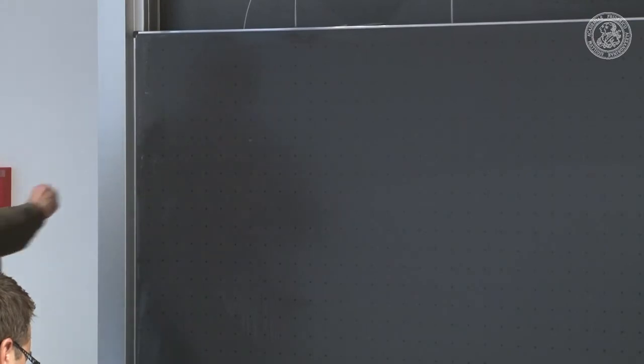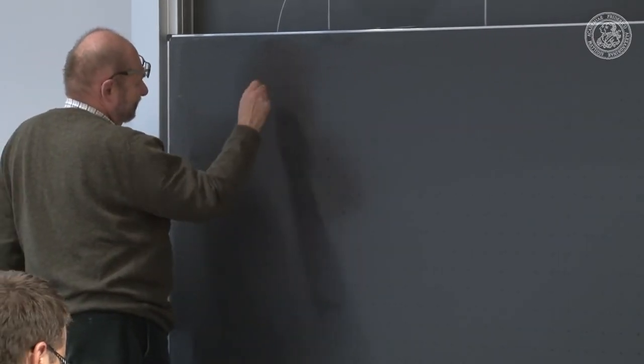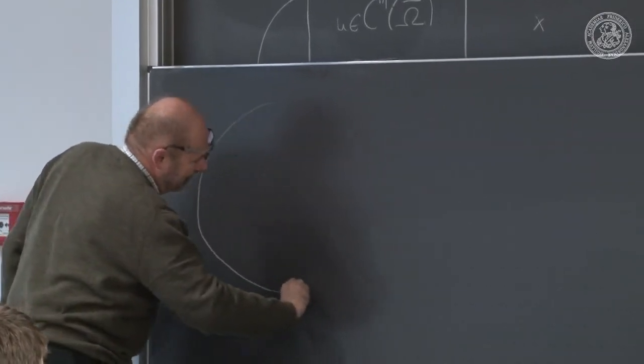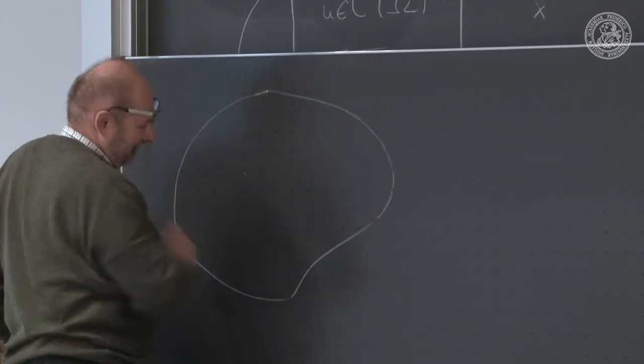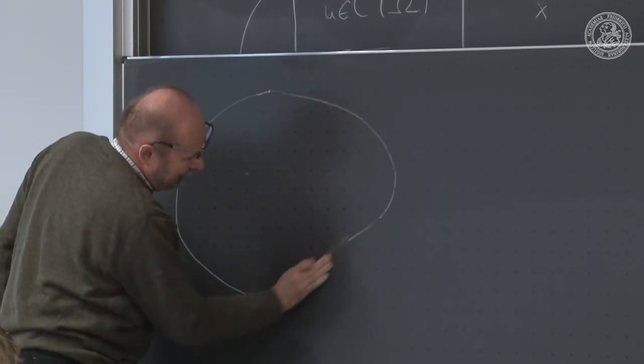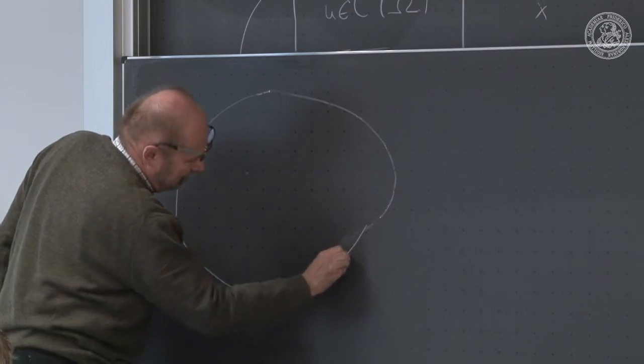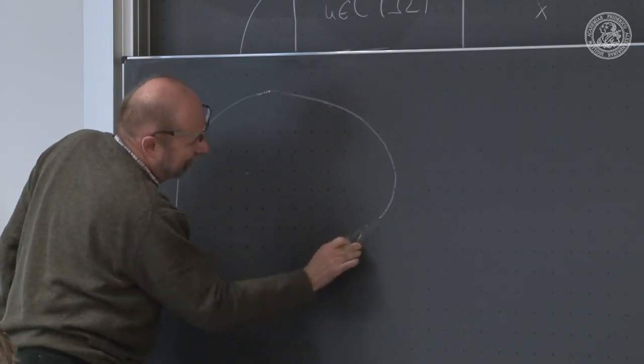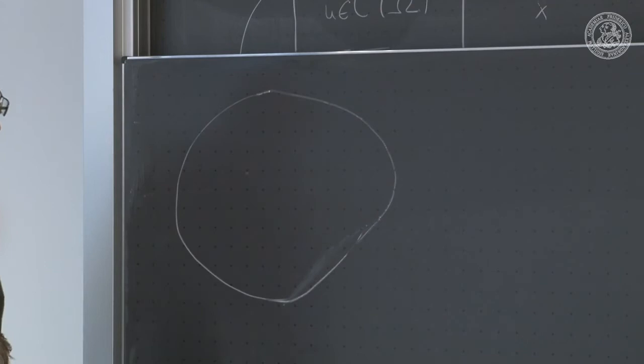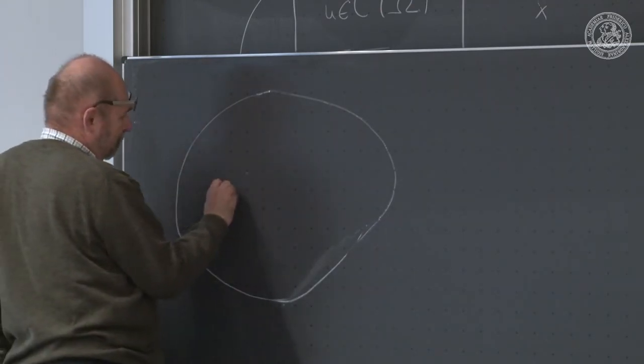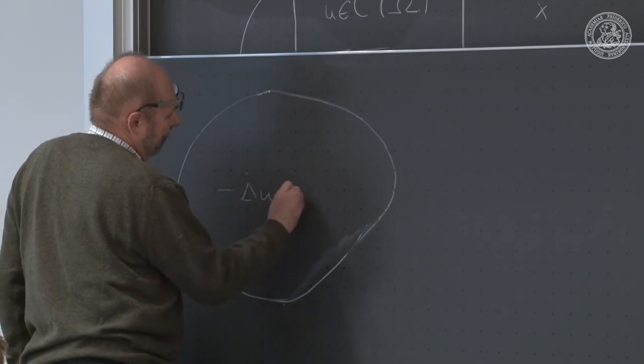And now we have a general domain. Doesn't matter. Let's say this one here. Let's first keep it convex. That is not a problem. So, okay, that is what we want to have, for some reason, our Laplacian.